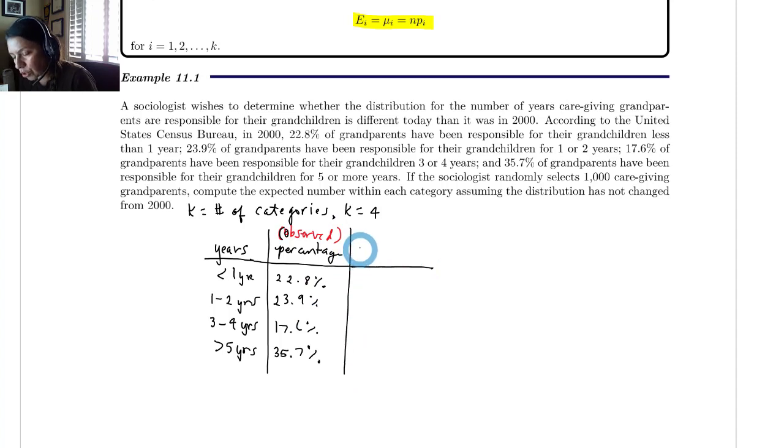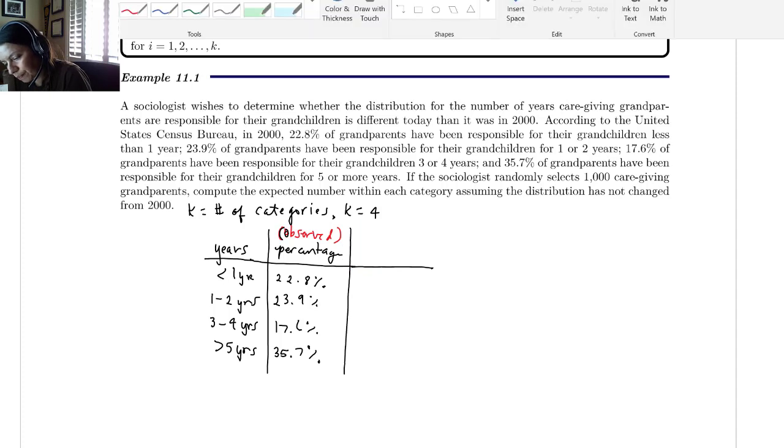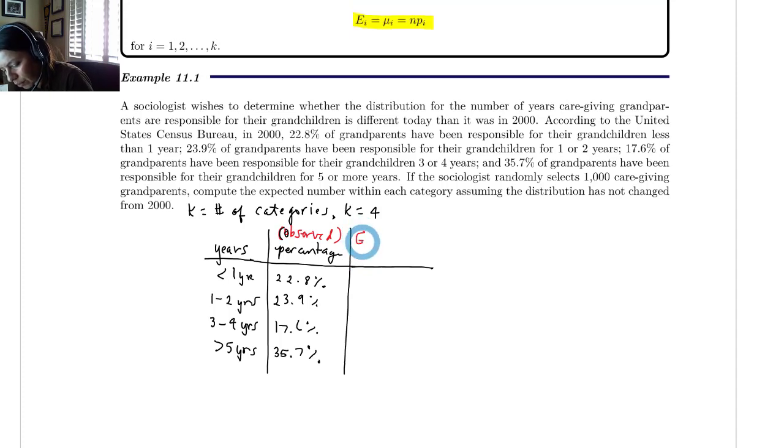So now, what should we expect from this distribution, right? Now we're going to do expected counts, which is the number in our sample times each category's probability. So this is the first category, second category, third category, fourth category. Okay. So what we do know is that we did take a sample of 1,000 caregiving grandparents.